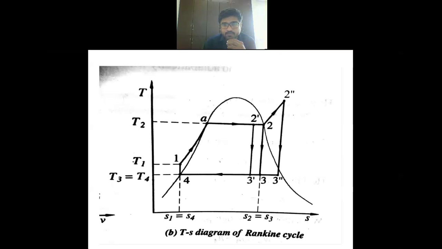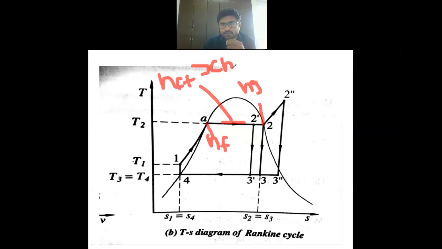So last time I told you that if our point is here, then the equation will be Hf at boiler pressure. If our point is here, then our equation will be Hg for boiler pressure. If our point is in between, then our equation will be Hf plus x Hfg.